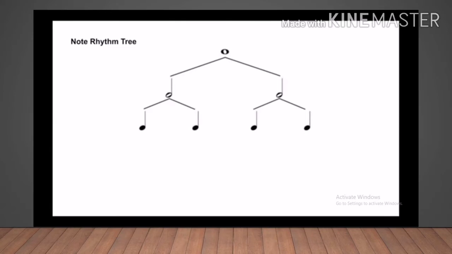Back in our rhythm tree, you can see we added 4 quarter notes. Notice that the half note can be divided into 2 quarter notes, and the whole note can be divided into 2 half notes and 4 quarter notes. Just like fractions, we need four 1/4 to make a whole.